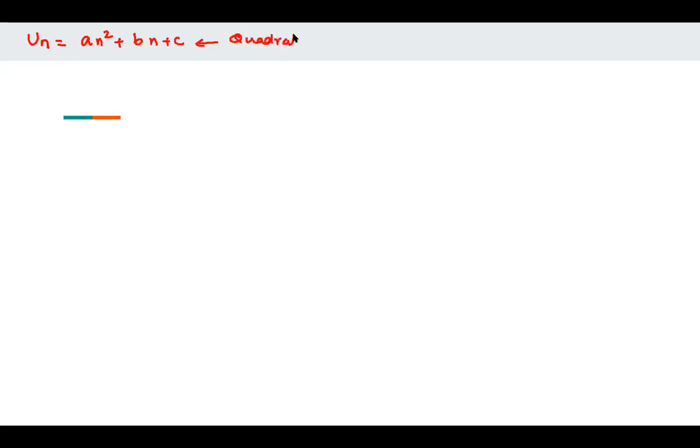Now I'm going to create a sequence. These are the n values, basically the term positions, and this is the nth term. If I take 1, 2, 3, 4, and 5, my first term will be a plus b plus c. If I plug n as 1 here, I get a times 1 plus b times 1 plus c.